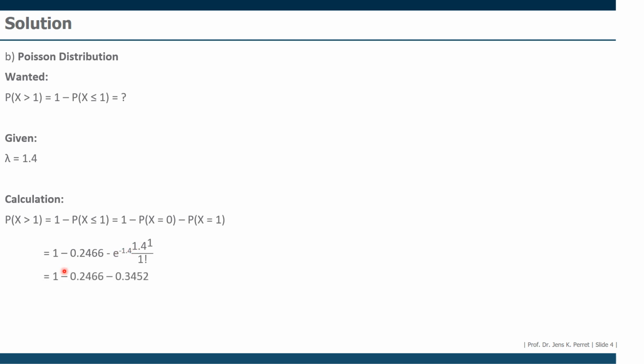In total, we therefore get here 1 minus 0.2466 minus 0.3452. And as end result, we get 40.82%. So the chance that it snows more than once in Egypt in a year is 40.82%.